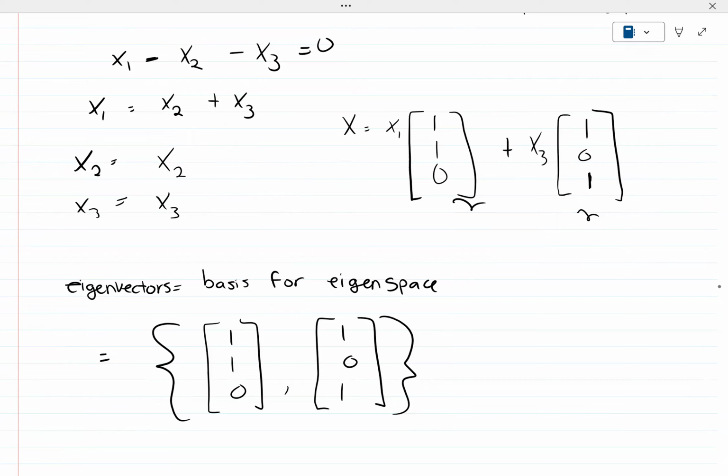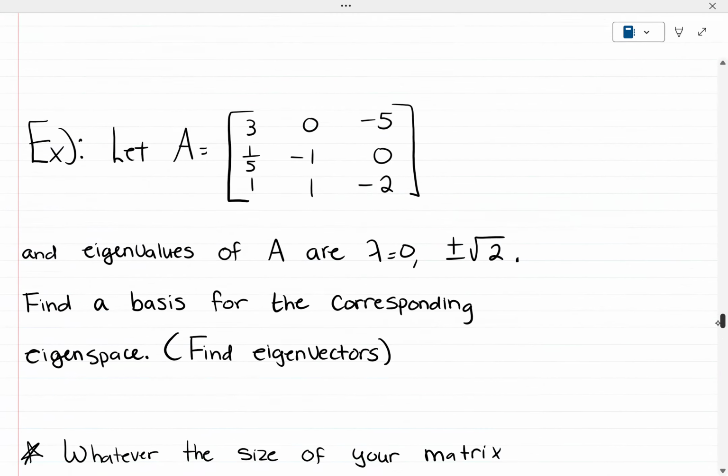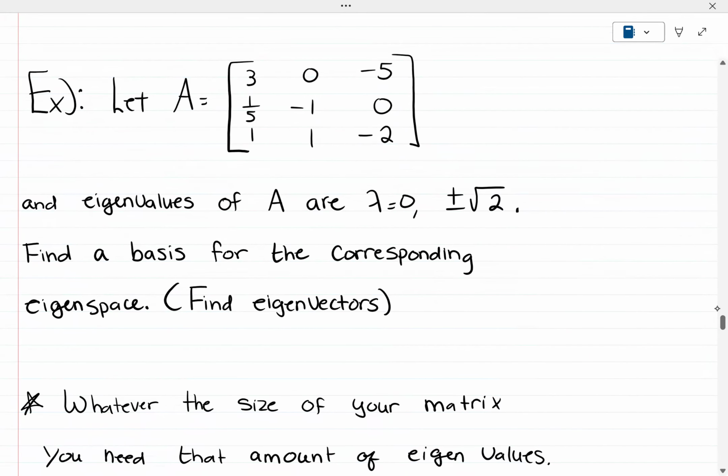Okay, so let's do another example. In this example, let matrix A be this 3 by 3, and the eigenvalues of A are lambda equals 0 plus or minus square root of 2.